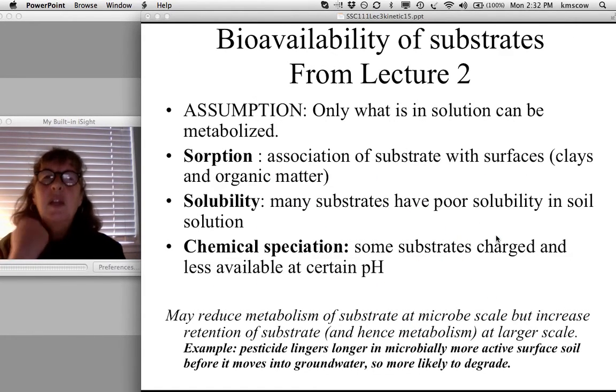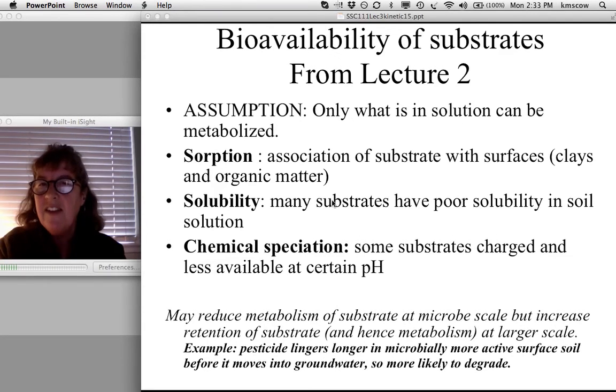Okay, so remember we talked about bioavailability, and bioavailability has a big impact on the kinetics of substrate utilization in soil. Remember, this is directly from the last lecture. The assumption is that what is in solution is what can be metabolized. Sorption, solubility, and speciation are all going to reduce the availability of a particular substrate that microorganisms could otherwise use.